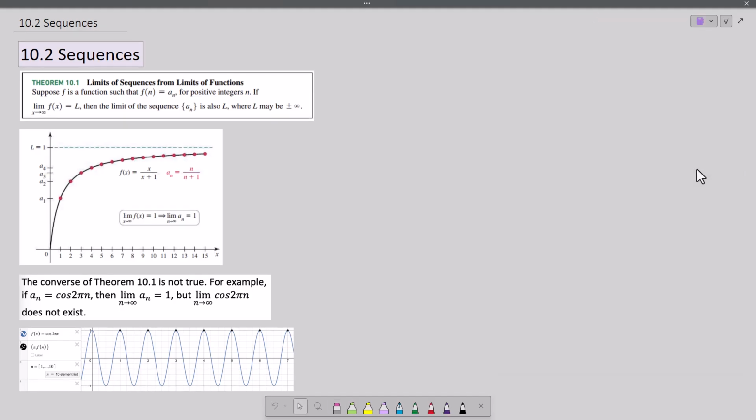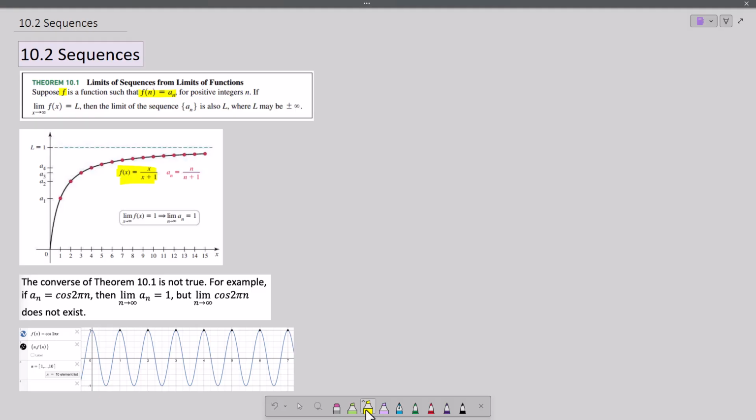Okay, so let's look at some other sequences. Here is our theorem that gets at something I alluded to earlier. Here we have a function, and we are creating a sequence from that function. The black curve is the function x divided by x plus 1.